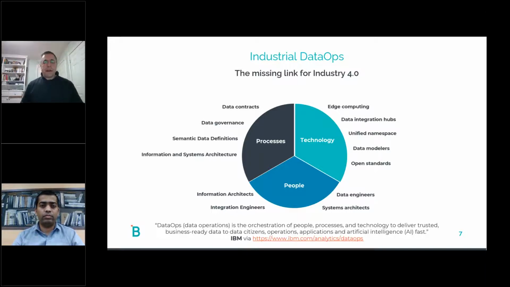And they defined DataOps as the preparation and delivery of data for analytics and dashboarding and visualization purposes. So how do we prepare that data? Well, in the industrial space, we never used to need to prepare it. It would only go to one source, but now that it's going to multiple, we need to be able to prepare and deliver data more efficiently. And so the idea with Industrial DataOps is we take those practices that were developed on the IT side and we adopt them and adapt them into the industrial side of the world.